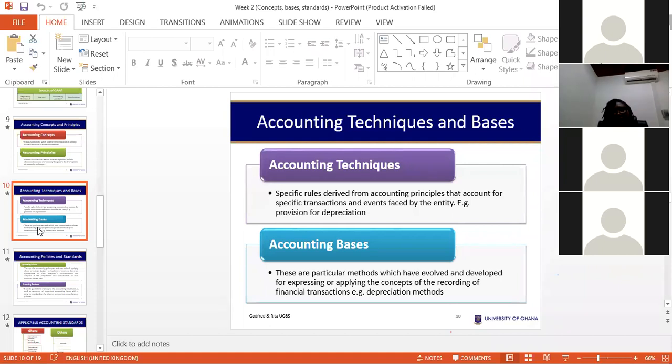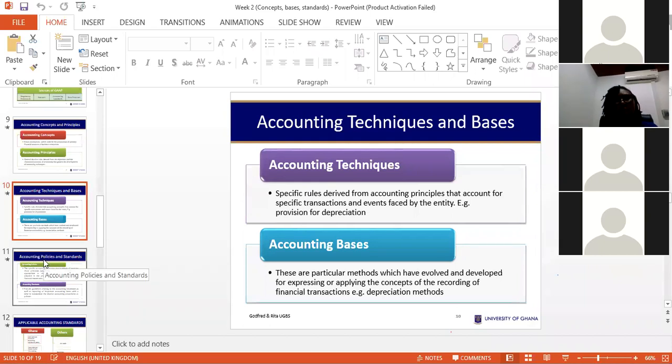So the depreciation methods, these are different methods that we have. Which one you want to apply depends on you, depends on the organization, depends on the accountant. So the particular methods that have been developed and which you want to use in recording your financial transactions, these are the accounting basis.